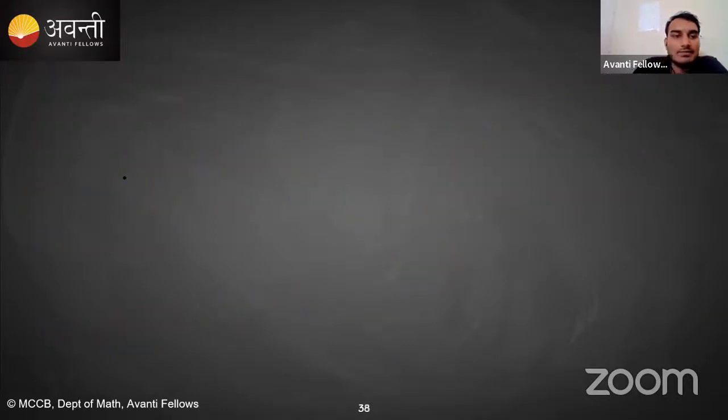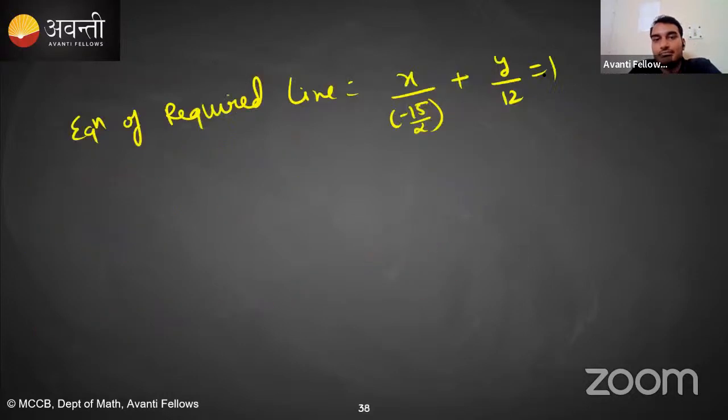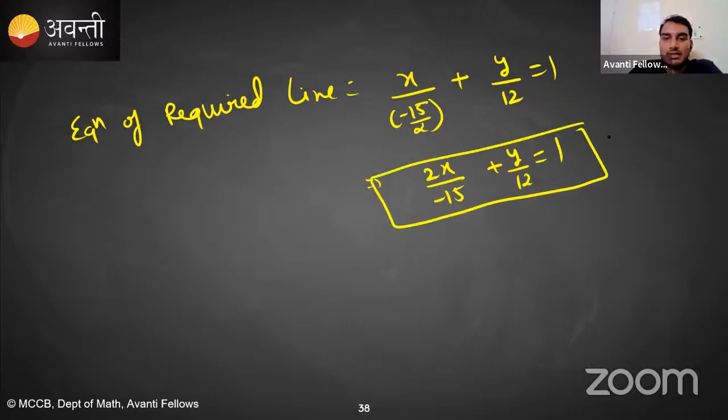So what is the equation of the line? The equation of the required line is x upon the x-intercept, which is -15/2, plus y upon the y-intercept, which is 12, equal to 1. Solve it a little: 2x upon -15 plus y upon 12 is equal to 1. This is the required equation.